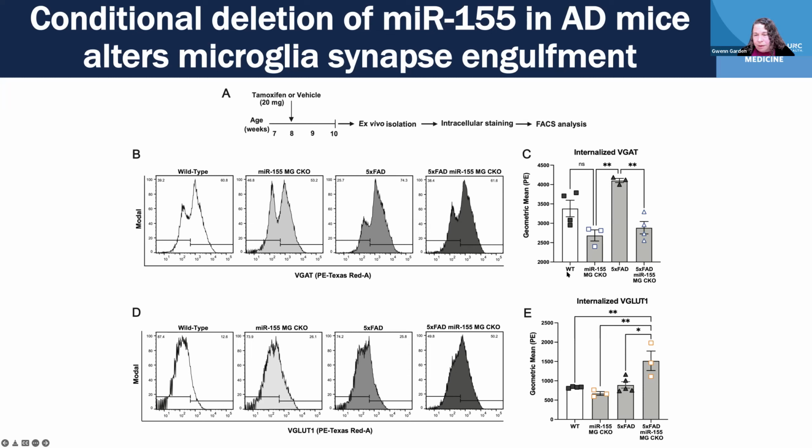And we saw that in just the 5XFAD mice, the microglia would have increased internalization of VGAT but no change in internalization of vGlut1. And after we removed miR-155, we saw a change where the microglia were more likely to internalize these vGlut1 terminals and less likely to internalize these VGAT terminals.